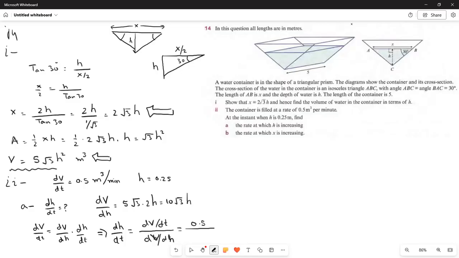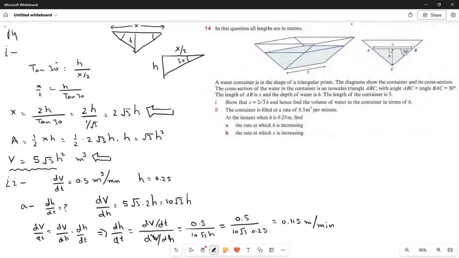And dV by dh is 10 root 3 h, and h is known as 0.25, so we can substitute all things here: 0.5 divided by 10 root 3 into 0.25. I calculated this whole thing, and it came out to be 0.115 meters per minute.